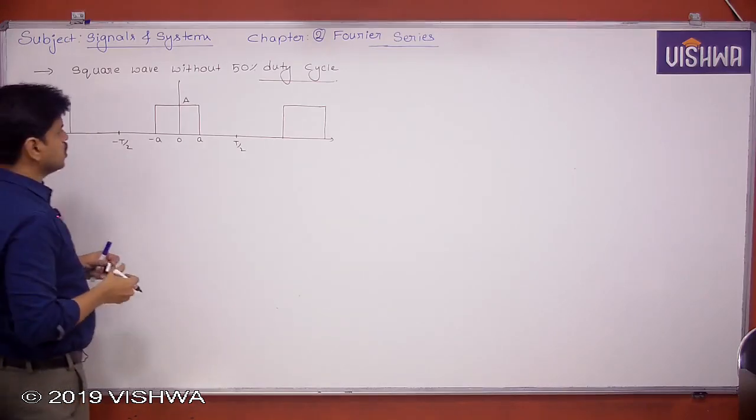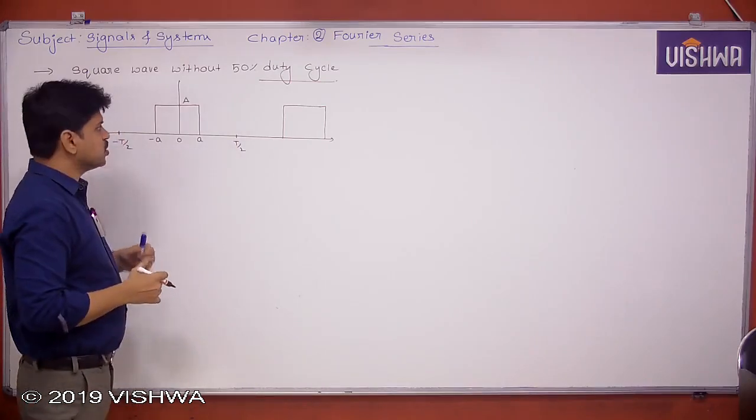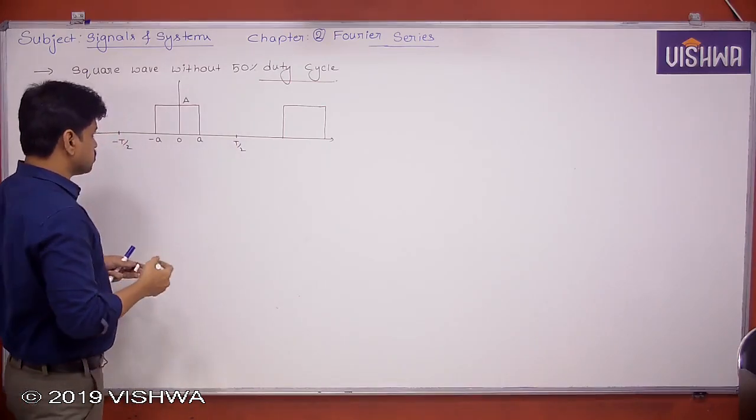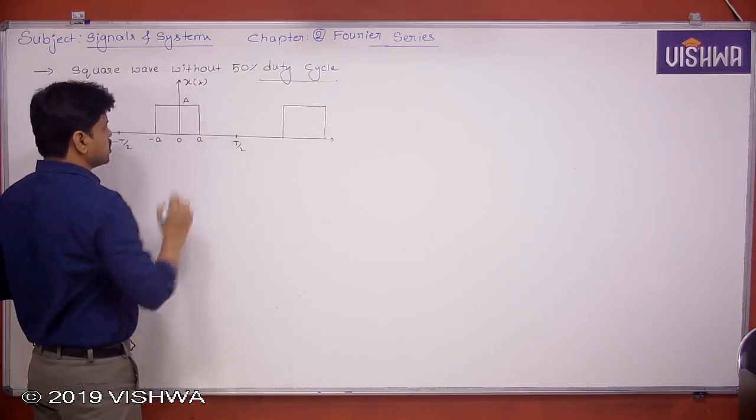Okay. So here the on time and off time are not the same, so it is not a 50% duty cycle. For this we have to calculate what is the Fourier series coefficient.